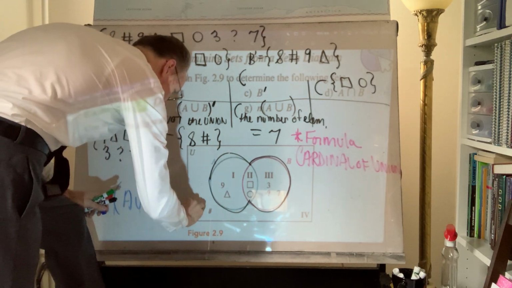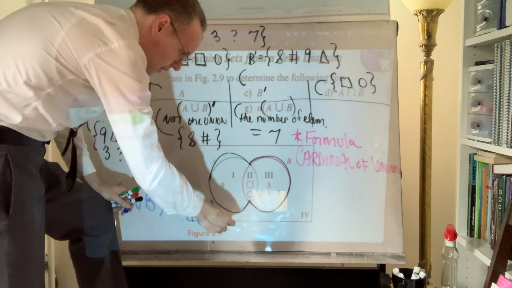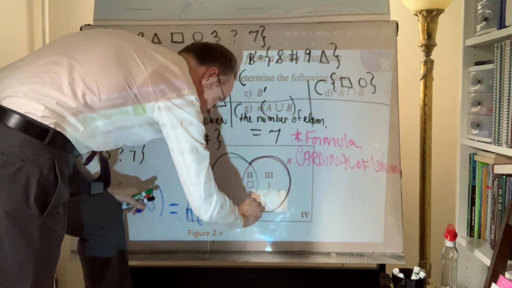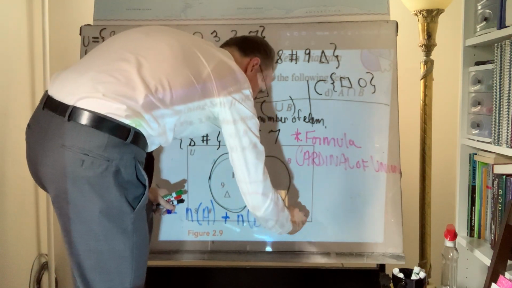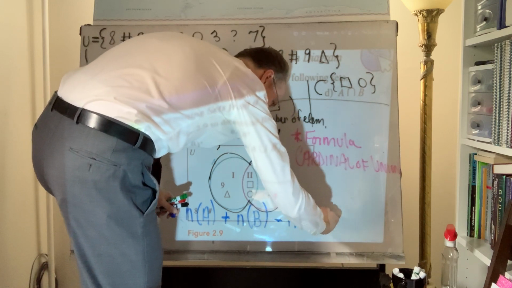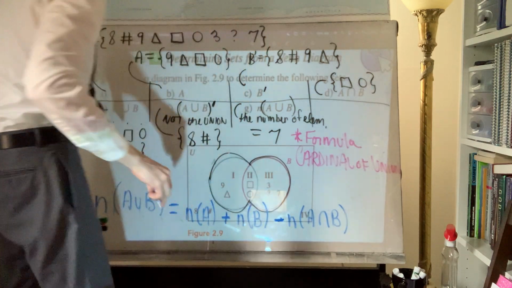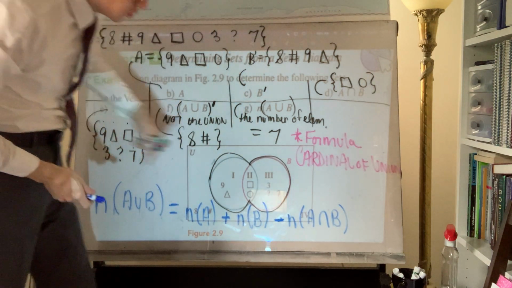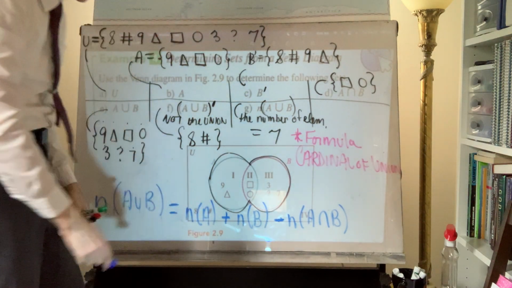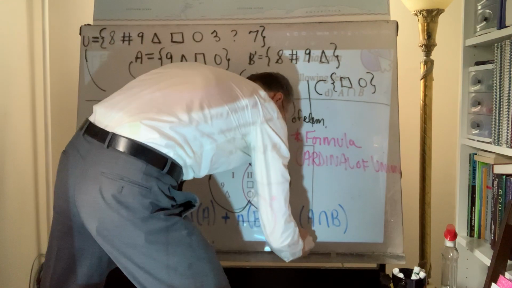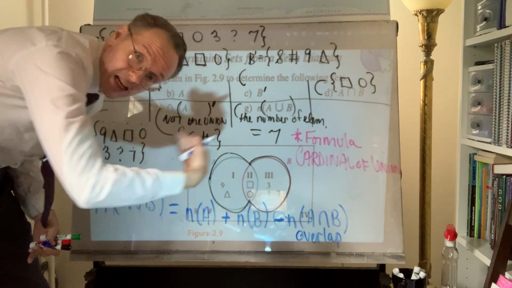It would be the number of elements in A by itself, plus the number of elements in B by itself, and then the number of elements in their intersection subtracted. Because if you don't subtract the intersection, you would count something twice, right? So this is the overlap, subtracted out, right? As an afterthought.